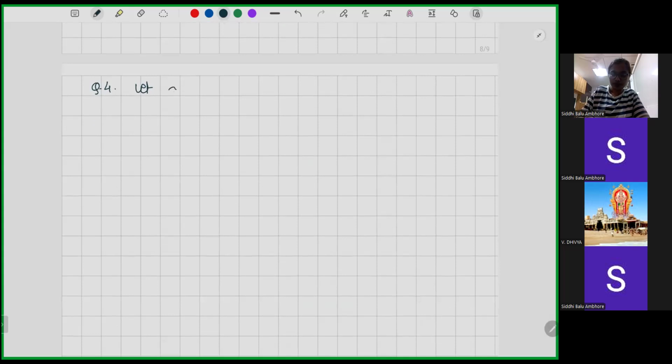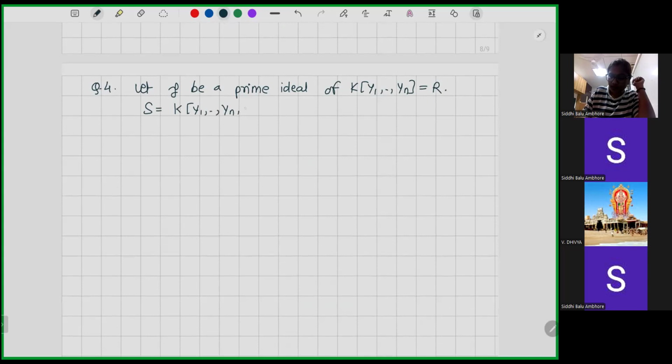Let P be a prime ideal of k[y1, ..., yn] = R, and S is this polynomial ring with one extra variable y_{n+1}.